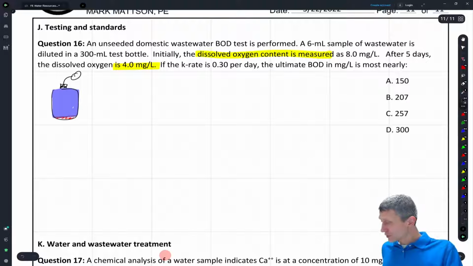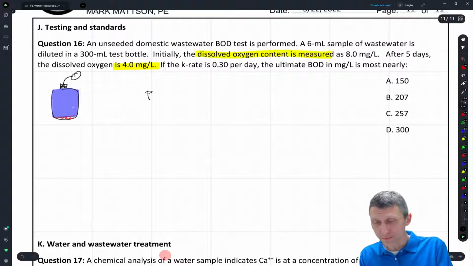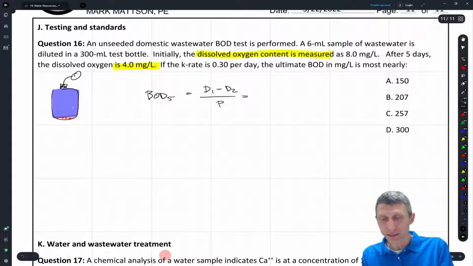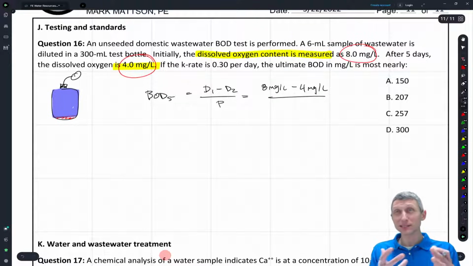So let's first start with this. We have the BOD, and specifically we're going to do the BOD 5 here. It is going to equal D1 minus D2 over P. This is the dissolved oxygen at time 1 and at the time that we're looking. So we have dissolved oxygen of 8 milligrams per liter minus 4 milligrams per liter, divided by P, and P is that fraction.